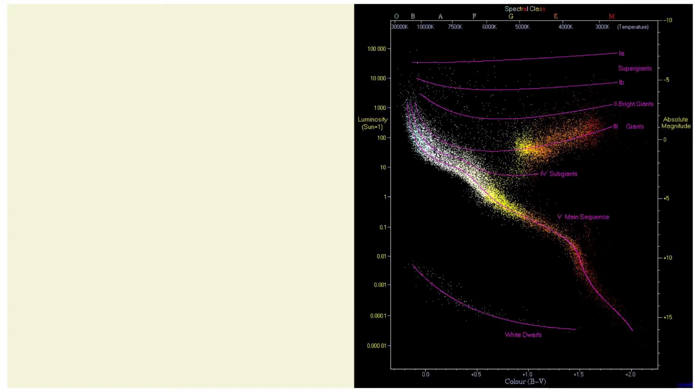All right, here is our first diagram of one of the most famous scatter graphs in all of astronomy. It's a Hertzsprung-Russell diagram, or abbreviated HR diagram.